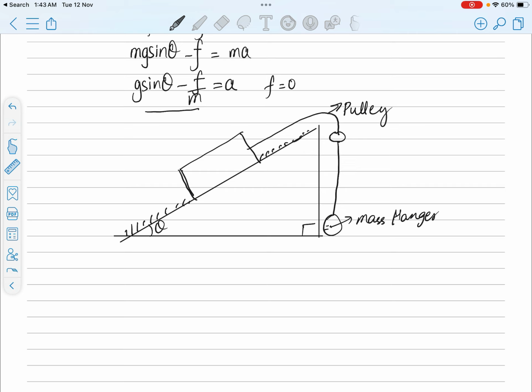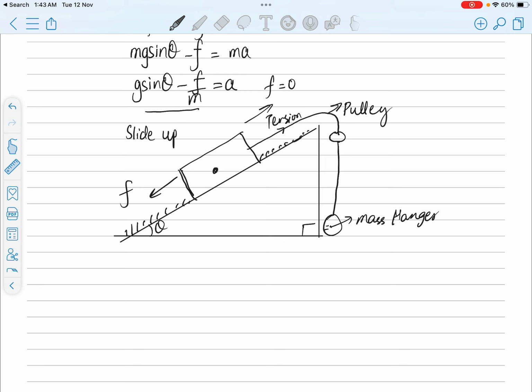So what will happen is that the pulley will apply a tension force or a forward force which will pull, let's say this is slide up. The pulley will apply a tension force through which the block will move up. Since it is moving in this direction, a friction force will be generated because the surface is rough, in the opposite direction.